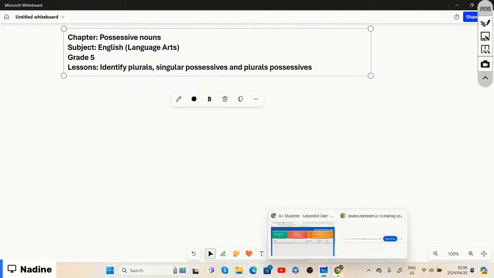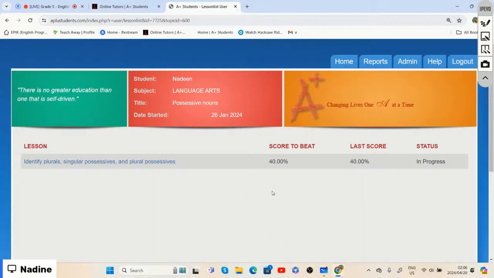And remember, plurals is more than one, or referring to anything that is more than one. Then we're going to select the singular possessives and plural possessives, and we're going to find out what possessive nouns are, whether it is singular possessives or plural possessives.